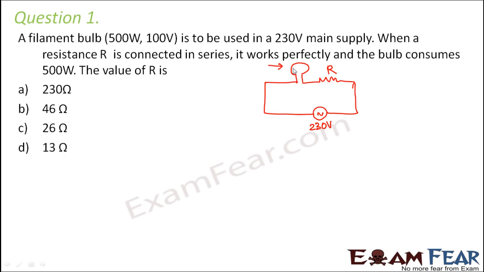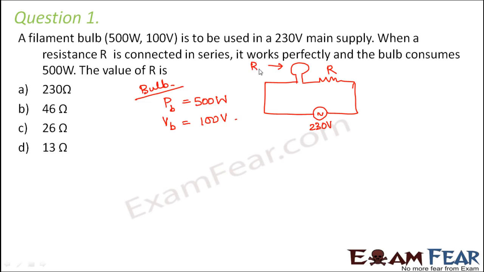Now let us first focus only on the bulb. What are the things that we know for the bulb? We know the power of the bulb, which is 500 watt. We also know the voltage across the bulb, which is 100 volts. Now with these two values, can we calculate the resistance of the bulb?